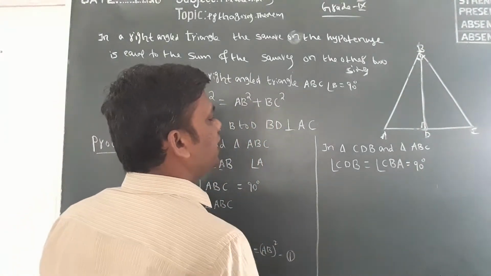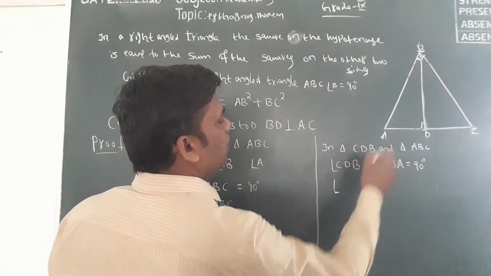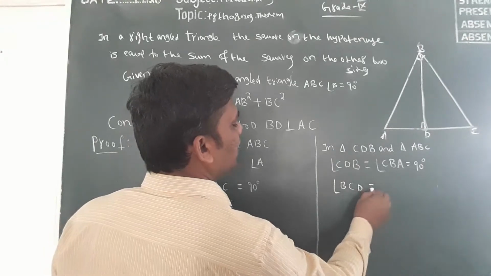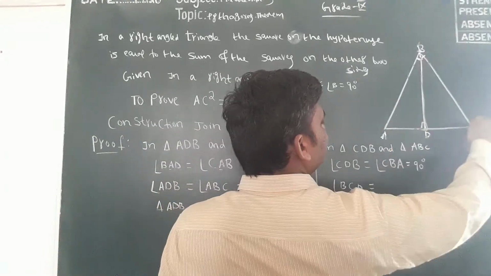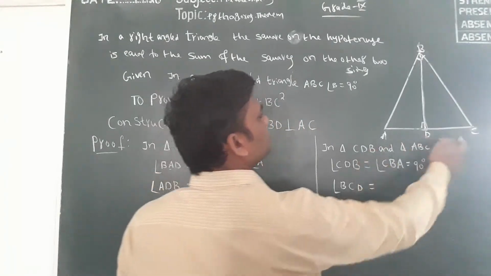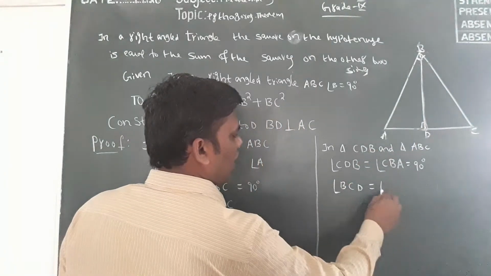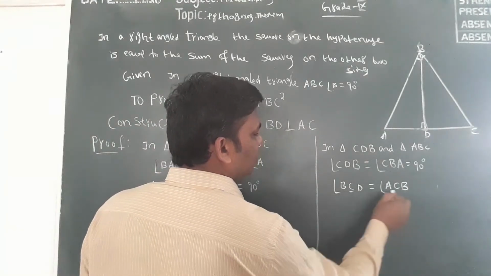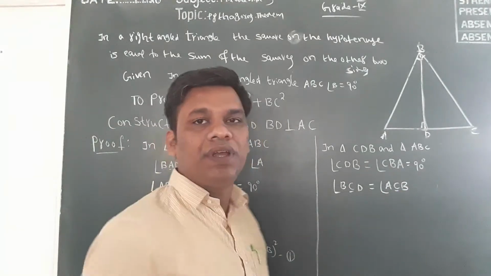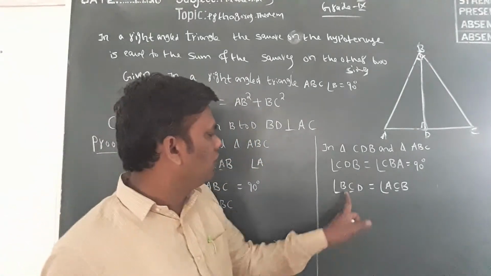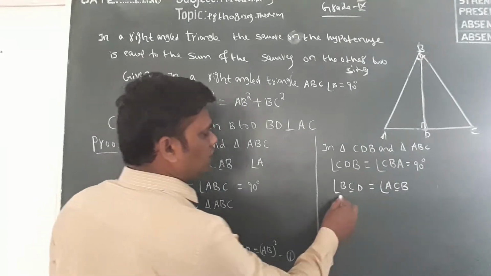Next see now. Angle BCD is equal to angle BCA, otherwise angle ACB. What is common, Nana? Angle C is common. Is it clear, Nana? So now you see, from this what we will tell?